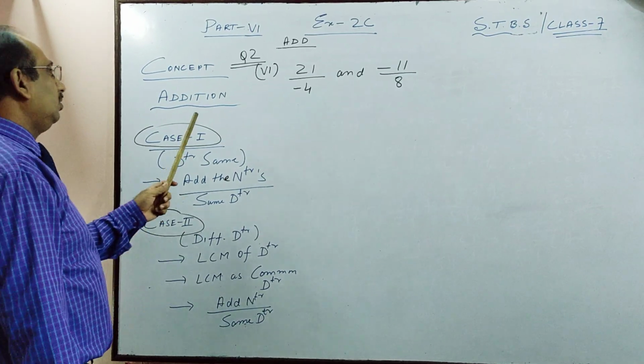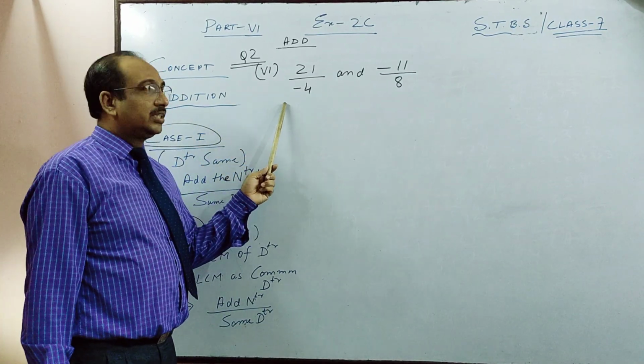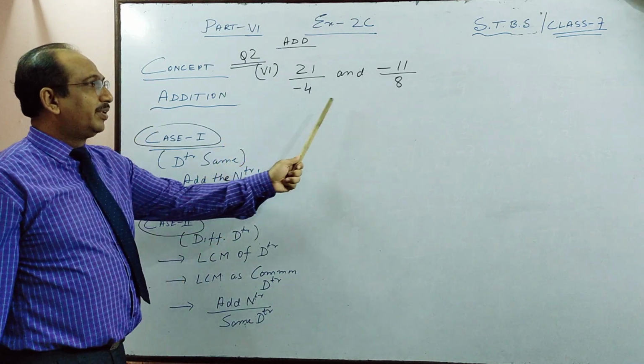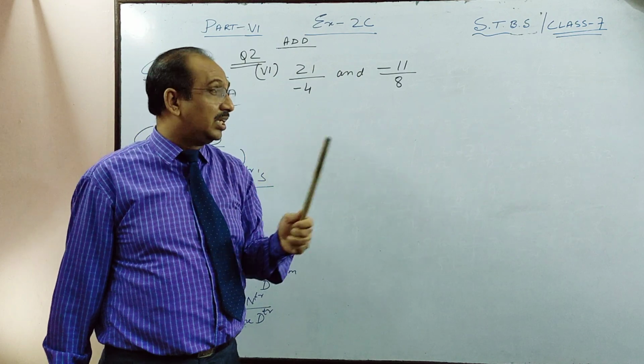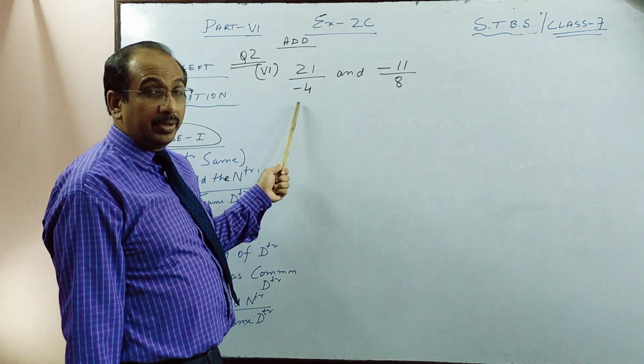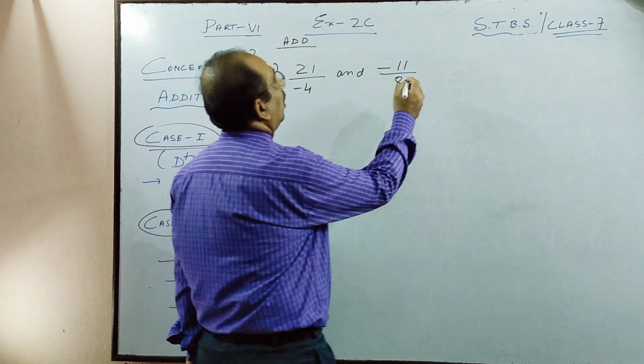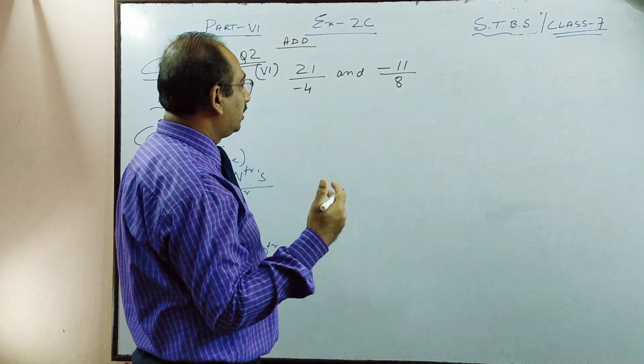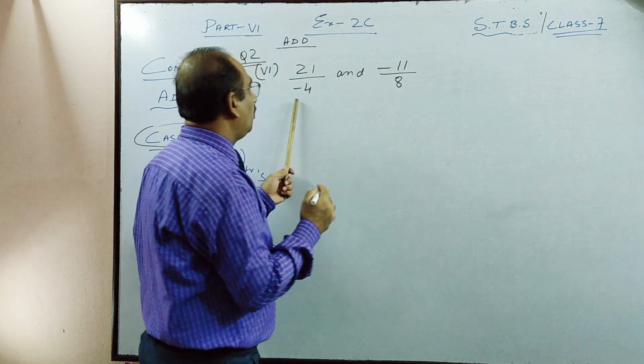So we move on to the last question of this session, where we have different denominators but one problem, children. Here one denominator is minus. So what we do, 1 minus means, you will learn later, or you remember now, it can go up.